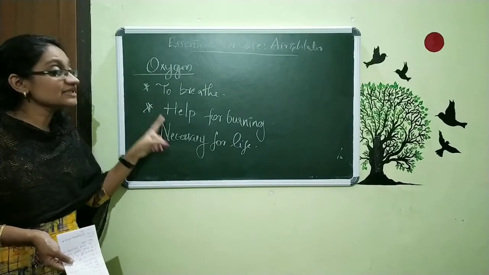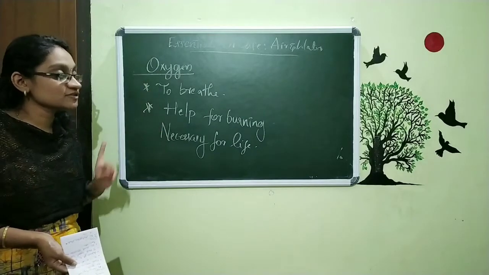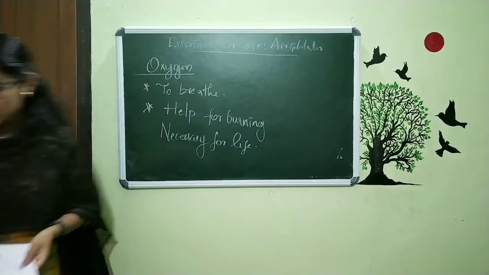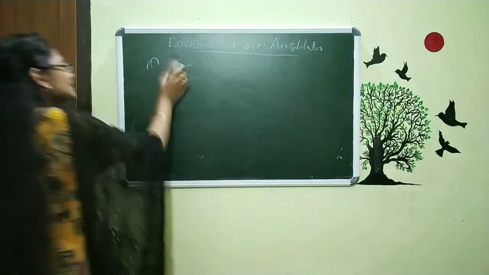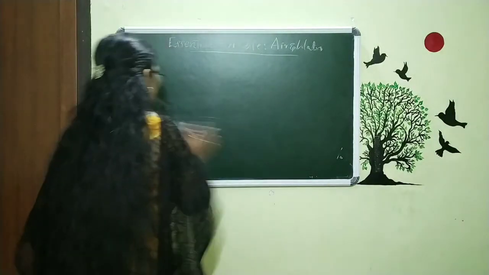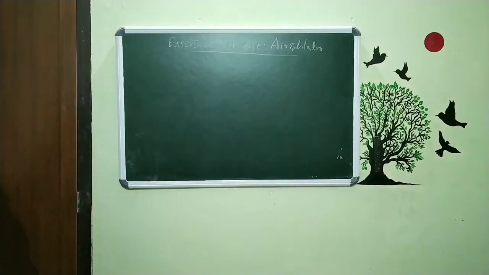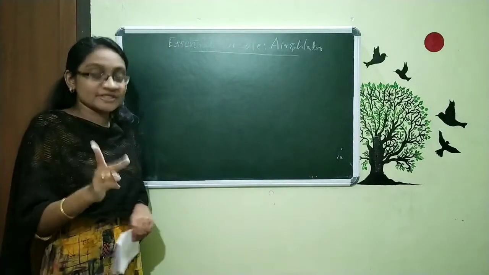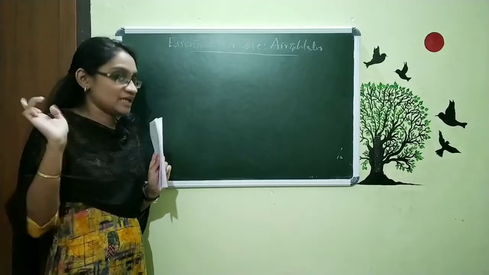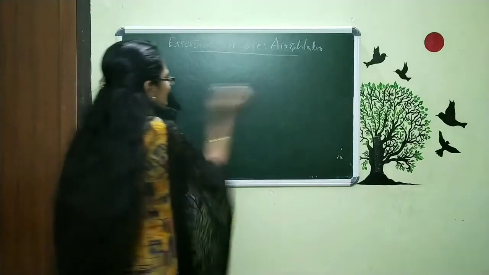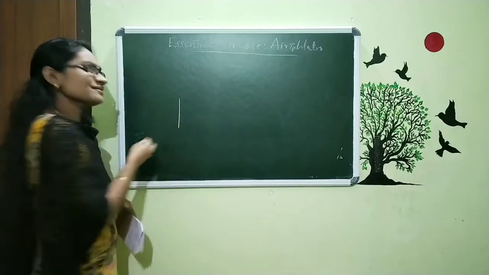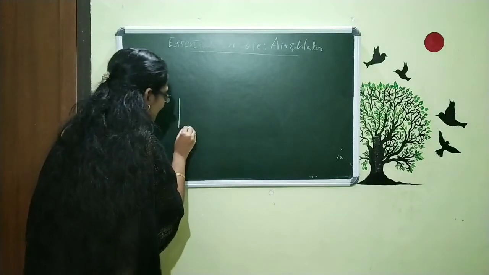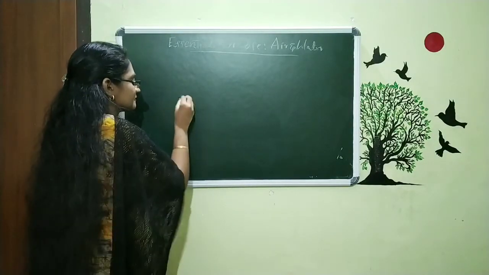To identify the importance of oxygen for burning, within your textbook we can see one activity. The activity is very simple. We are doing it with two candles and one transparent glass. Transparent glass means a normal glass, I am not talking about a steel glass.